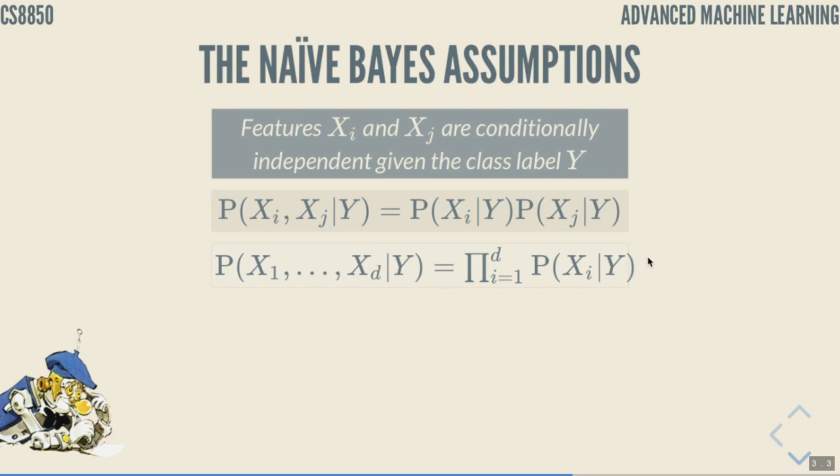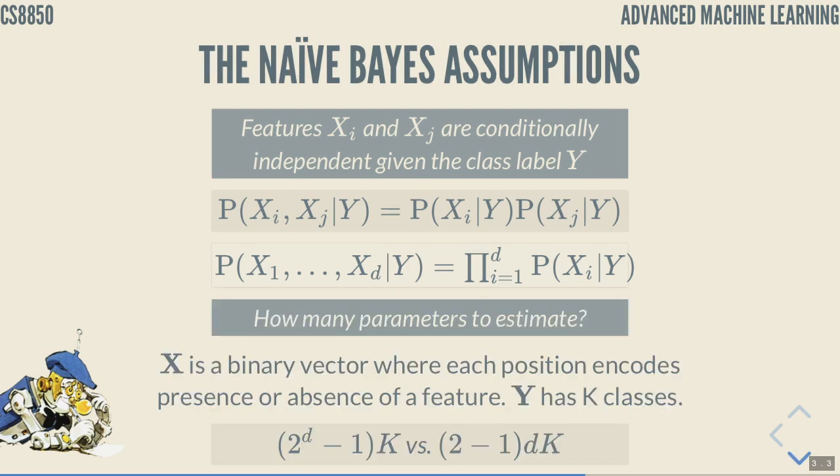We can represent our joint probability distribution, so the features are conditionally independent, but we can still represent the joint probability distribution. Now imagine that our features are either in or out, either present or not.